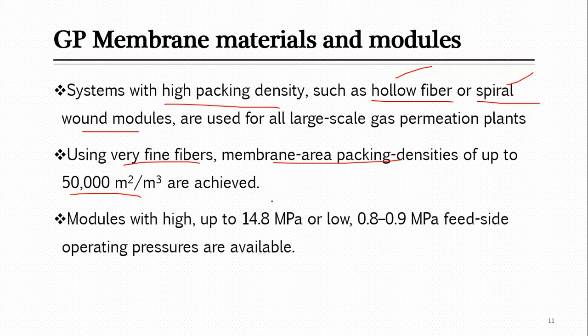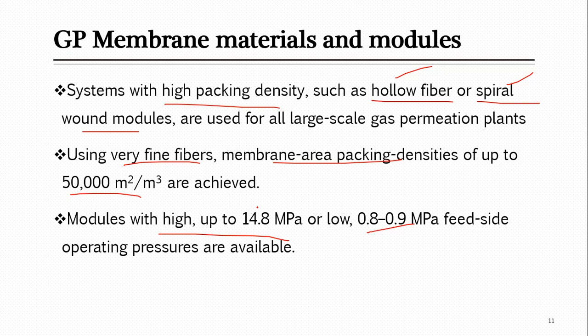These modules usually operate at very high pressure, as I told you. Here it is mentioned that it can be as high as almost 15 megapascal, like 14.8, or it can be around 1 megapascal. This 15 megapascal is around 2100 psia, or around 150 atmospheric pressure.